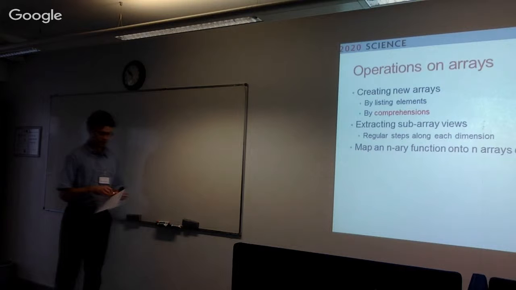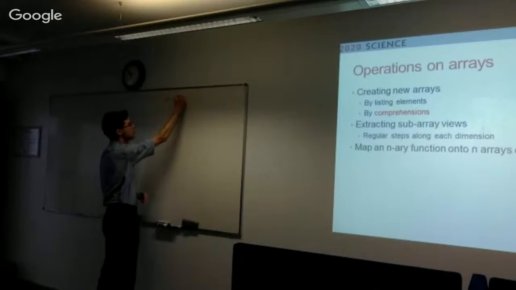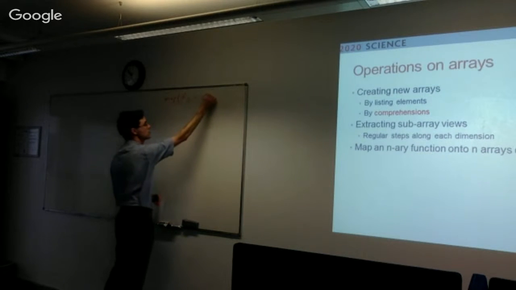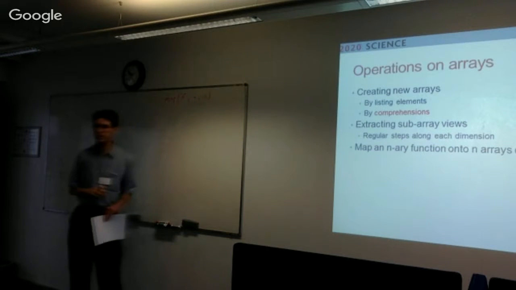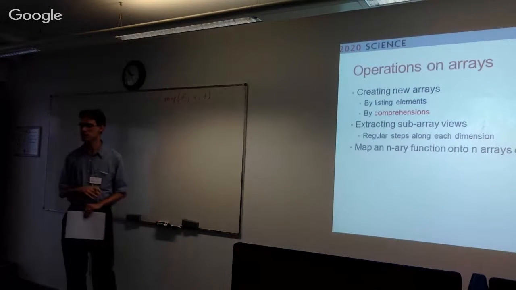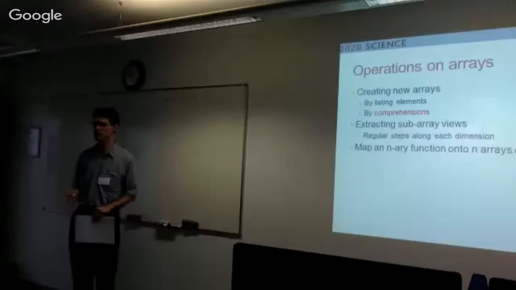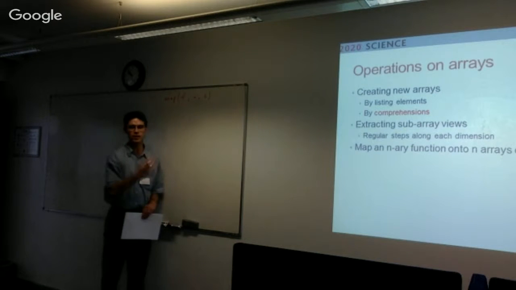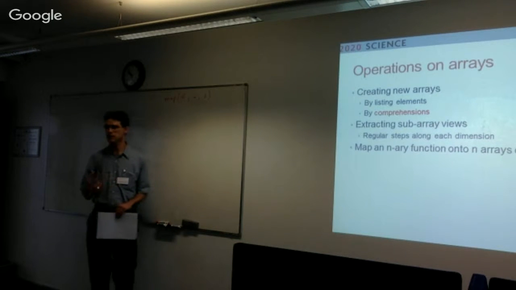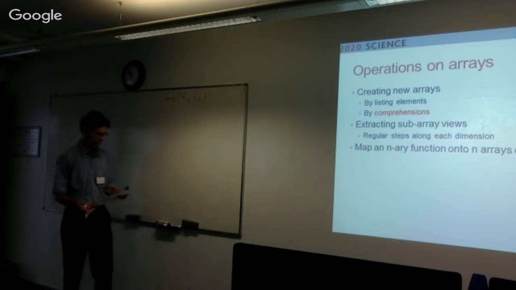So the general syntax, if we say map, and then some function onto arrays, and here, because we've got two arrays that we're mapping this function onto, we're expecting this to be a function that's going to take two arguments that are numbers and return me a number. And so for every corresponding element of A and B, we apply the function to those two numbers, and the result forms the corresponding entry of the result array.